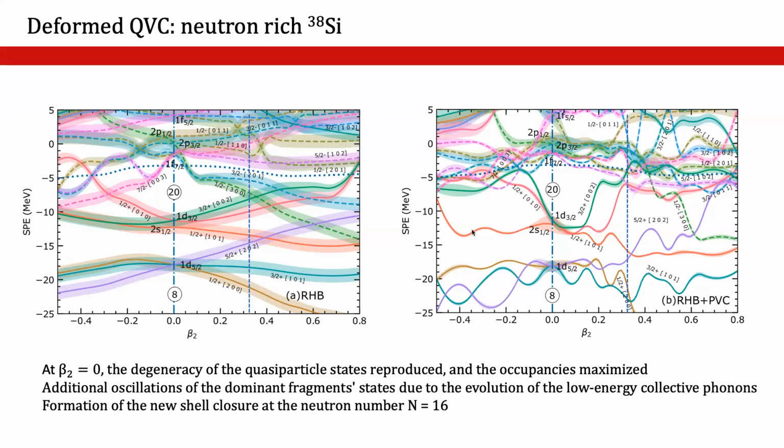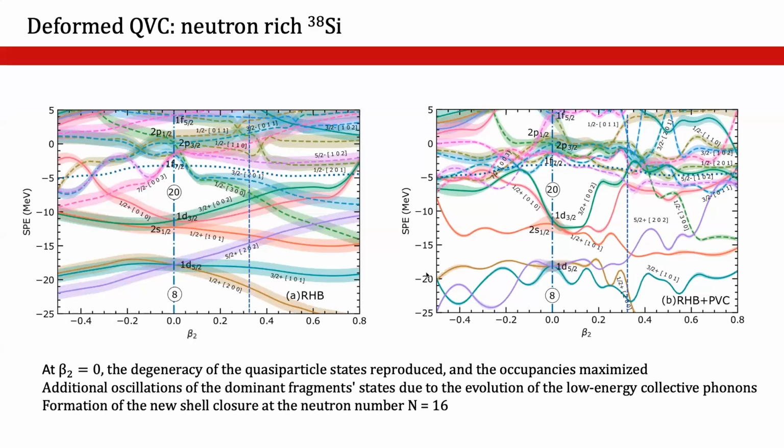And the right part is the PVC calculations. The first thing we noticed in this figure is the thinner band in the PVC state. This indicates a considerable reduction of the occupation probabilities with respect to the pure mean-field calculation.